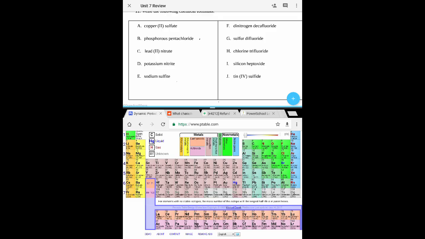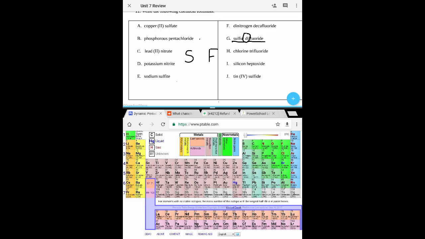All right, we're going to do dinitrogen decafluoride. Again, first, we identify the two parts. We have sulfur and fluoride. Sulfur is S. Fluoride is F, according to our periodic table. Since this has a prefix, this is a covalent compound.